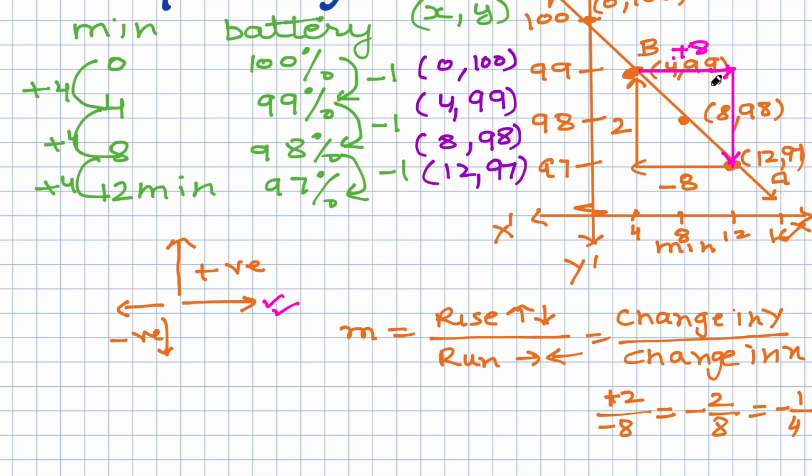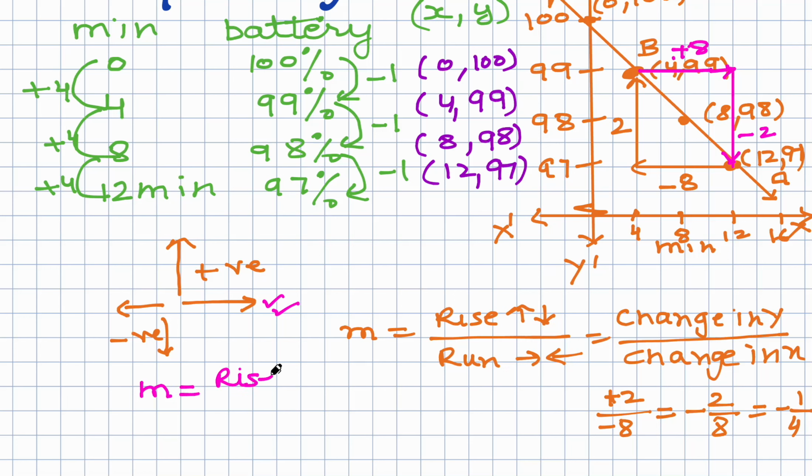Then going down from 99 to 97, these are only 2 points, but because it's moving south, that is negative 2. Let's see if it changes anything for the slope.